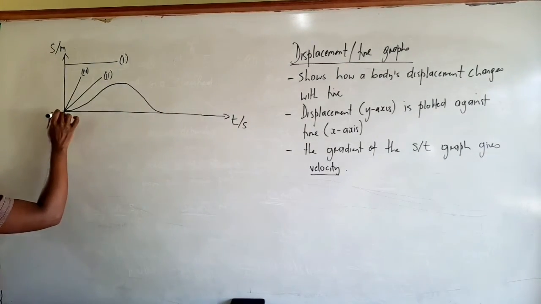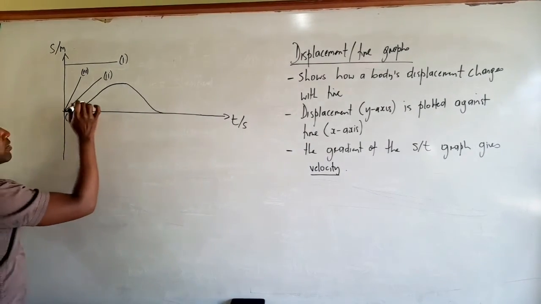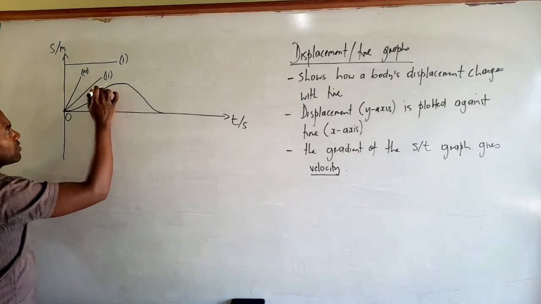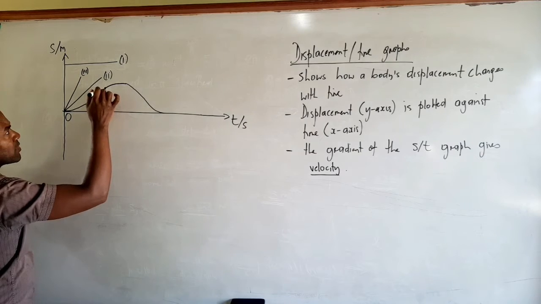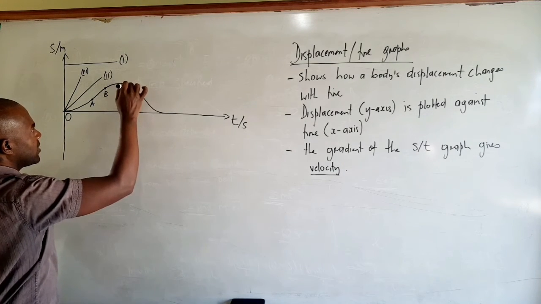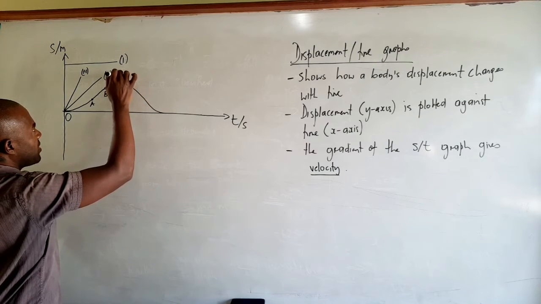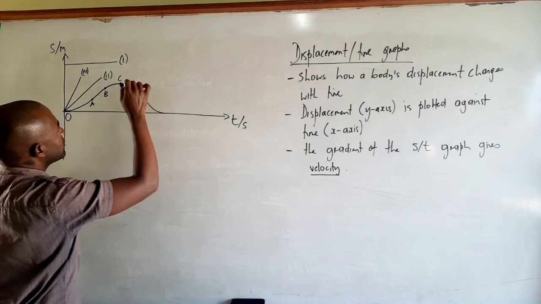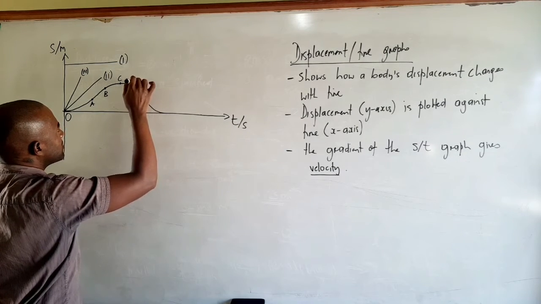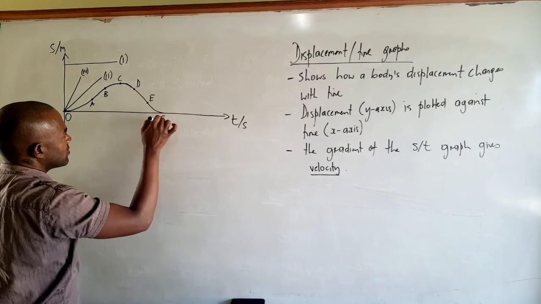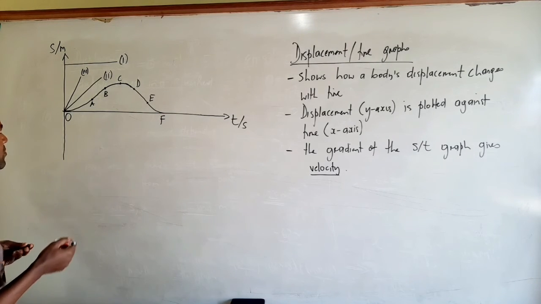So let's call this point O. Let's call this point A. B, and at the top where it is flat, that point is C, right? Let's call this D, E, and F, right?